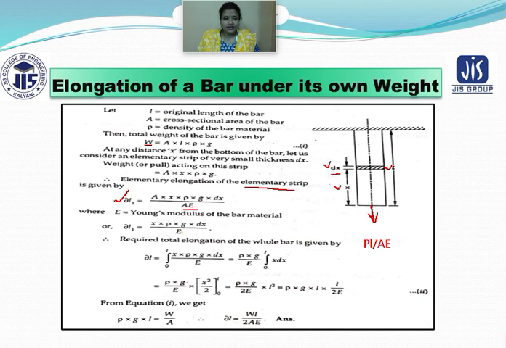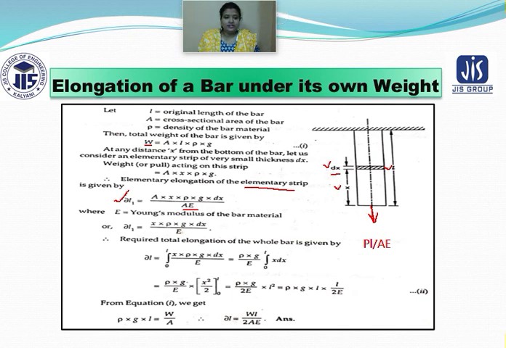This area is the cross sectional area of the bar. If you solve this equation, you can see A is in the lower section and A is in the upper section, so you omit it, it gets removed.